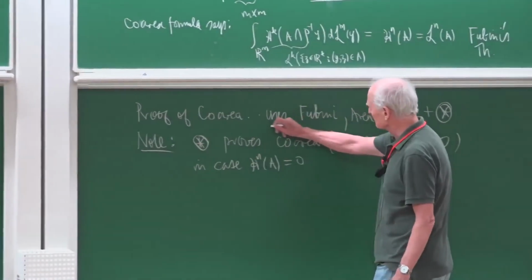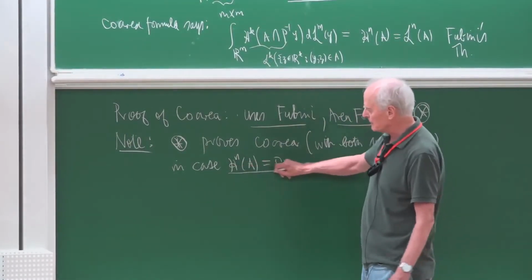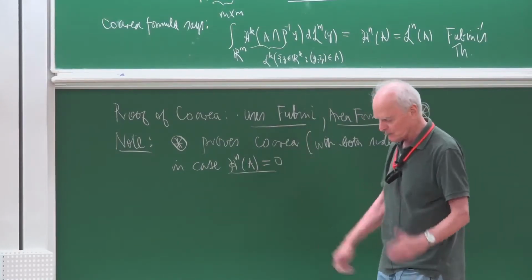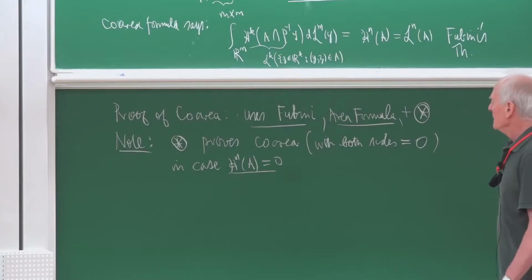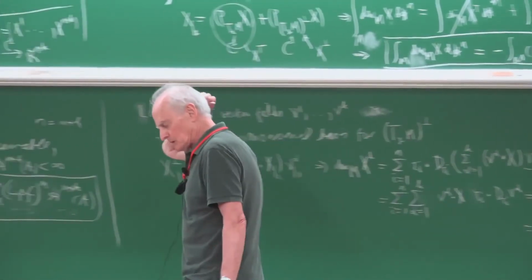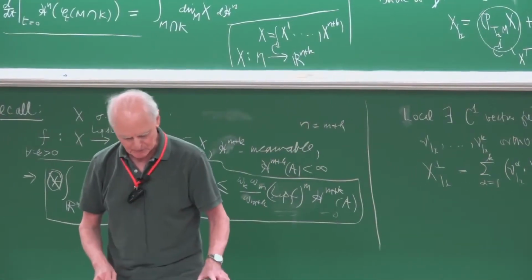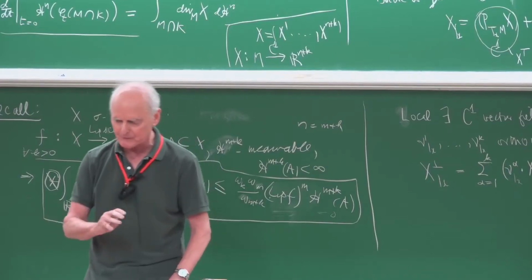And the rest of the proof uses Fubini, the area formula, plus this general fact about sets of measure 0, when you've already got the thing in case of measure 0. So I won't say any more about the proof other than that. Take a look in the text. You'll see that the proof is just a couple of pages, and it's rather reminiscent of the proof of the area formula.